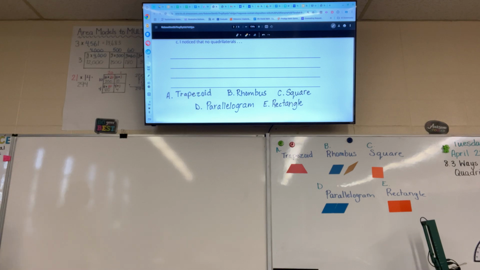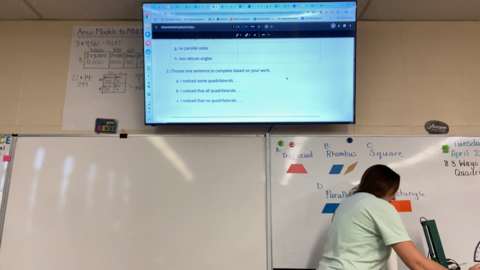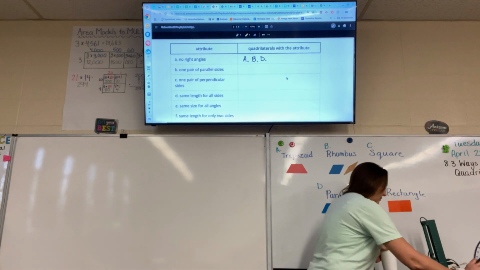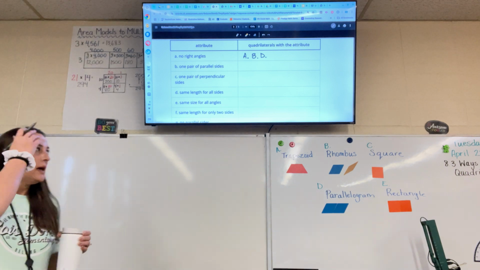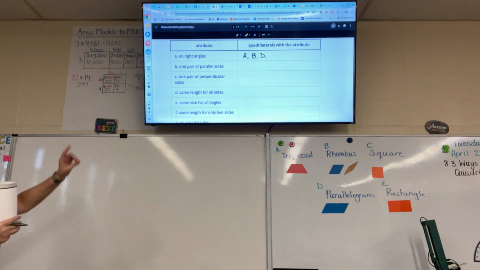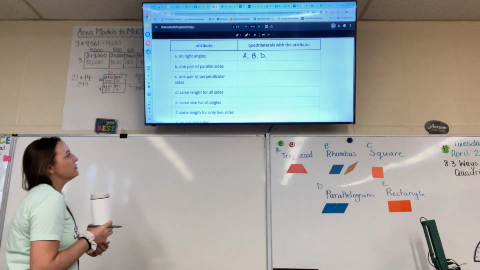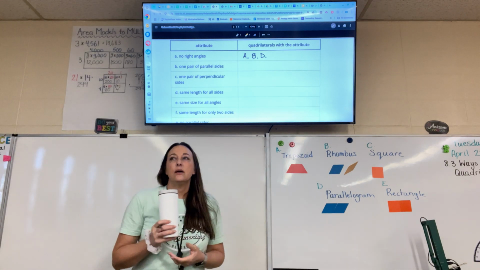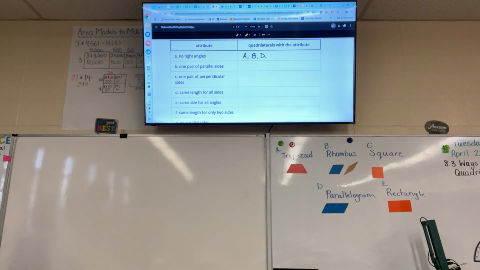All right, so the next thing they want us to look at, and if you didn't finish that, I've got the same letters right here. B says the attribute is one pair of parallel sides. Which of these figures has one pair of parallel sides? Remington? A trapezoid.